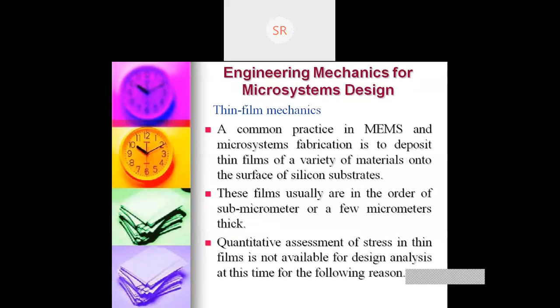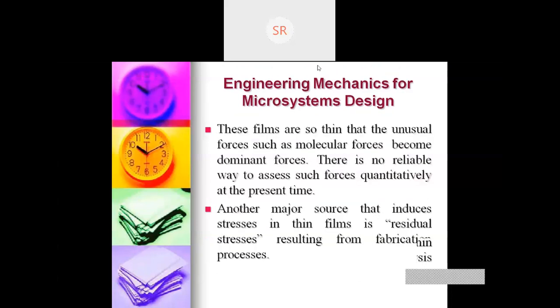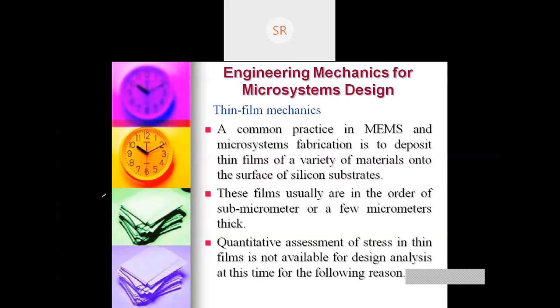Okay, so a very small part: thin film mechanics. These films are usually small, in the order of sub-micrometer or a few micrometers.